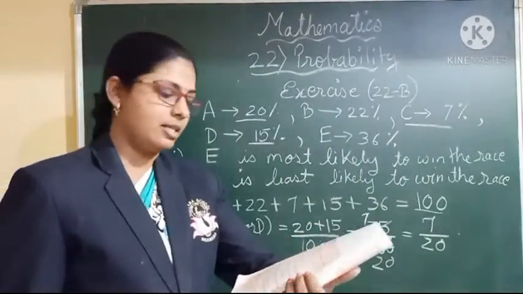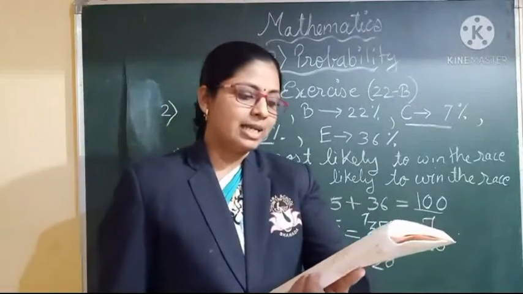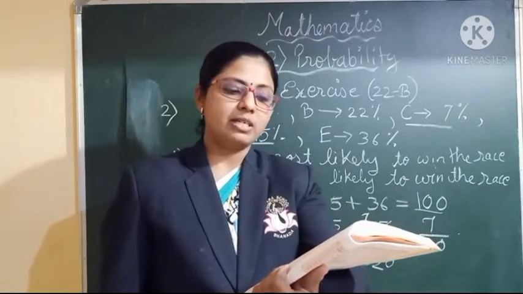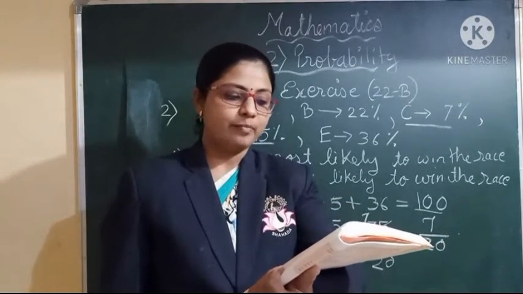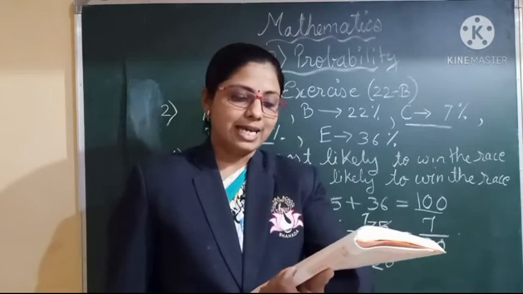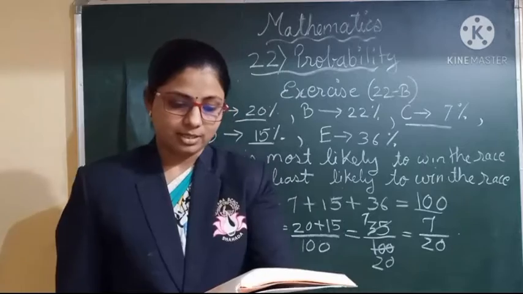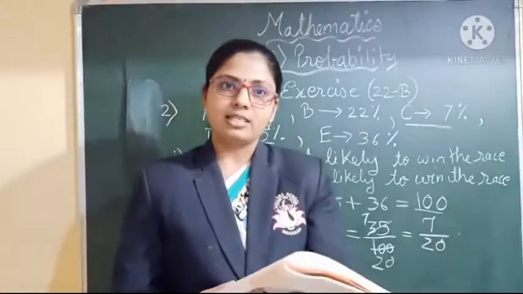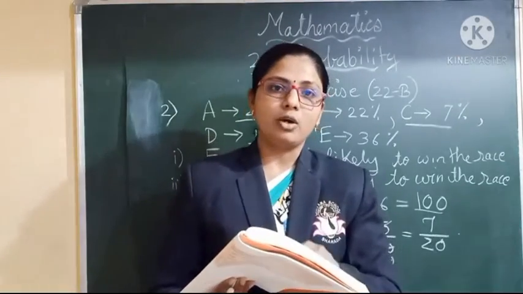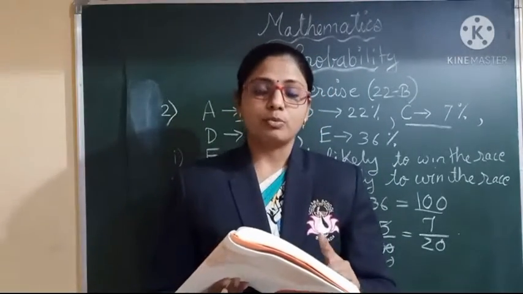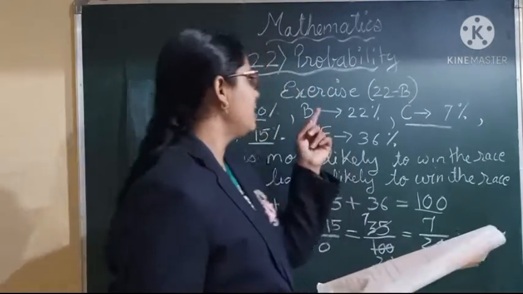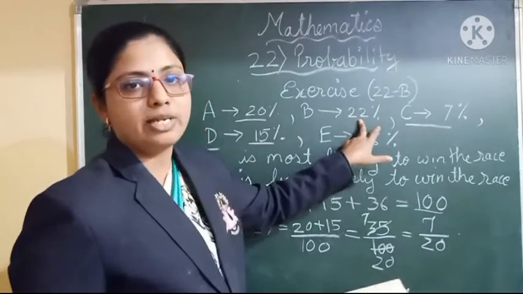Now let us see the fifth question. Let S be the event that B will win the race. So the event is that B will win the race, and we have to find the probability of S. Event is of B. So B is how much percentage? 22.